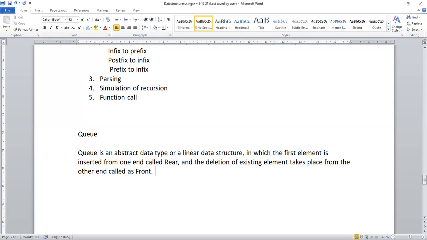Okay, so insertion is done at one end and deletion is done at the other end. So this is the queue.